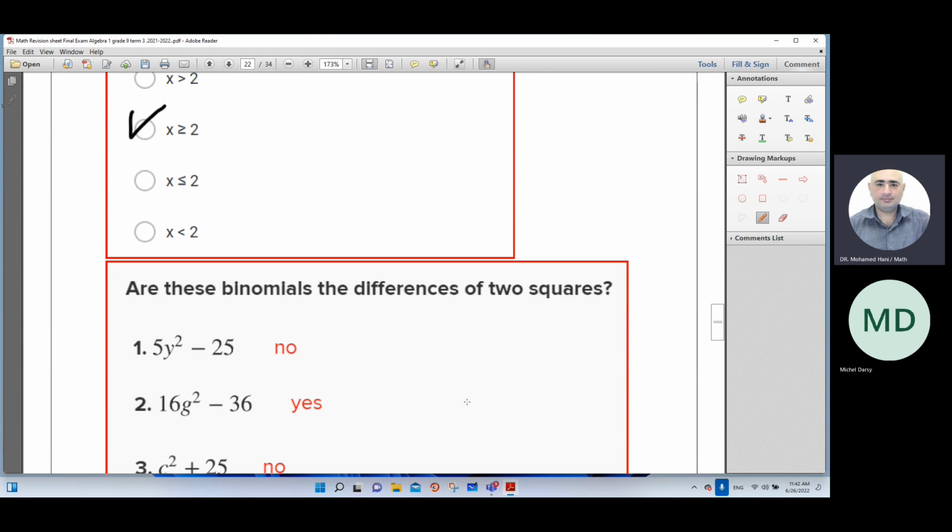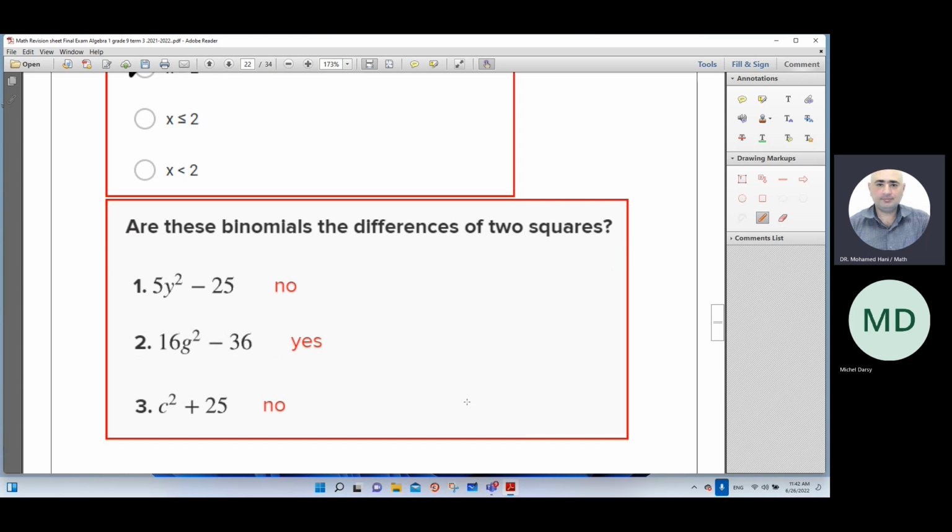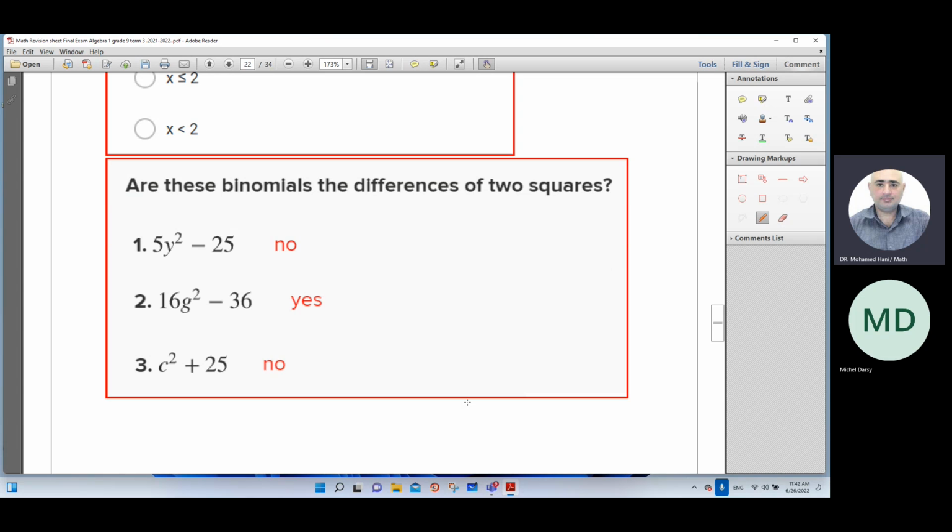Here also the same ideas. Here, this is an important question. Difference of two squares. The meaning of difference of two squares is when you have a squared minus b squared.